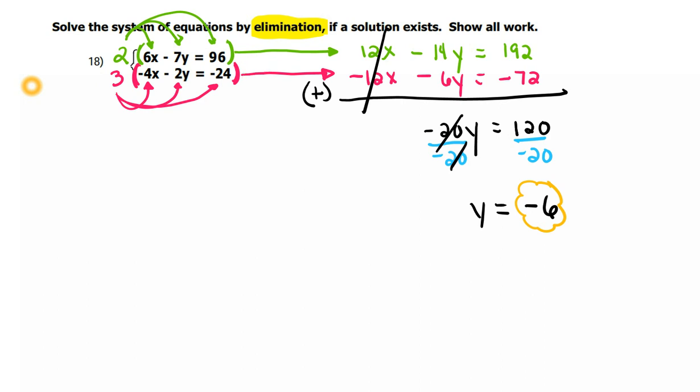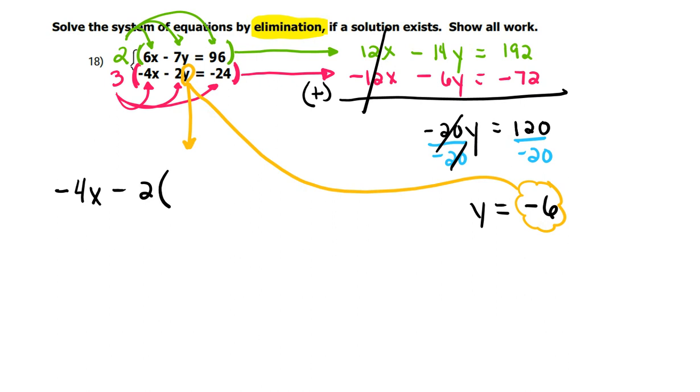All right, so I'm going to take this and plug it where this y is right here, because y is negative 6. So the bottom equation is negative 4x minus 2 times y, which is negative 6, equals negative 24. And now solve for x. The negative 2 times the negative 6 is a positive 12.